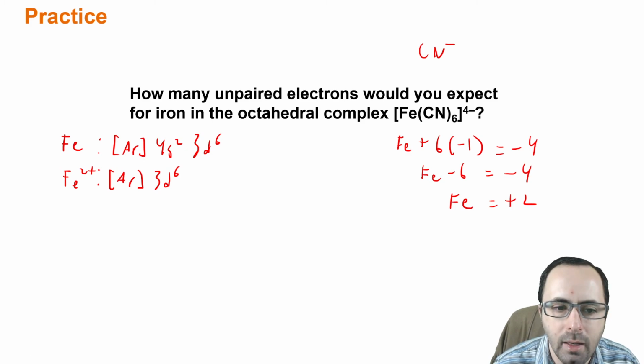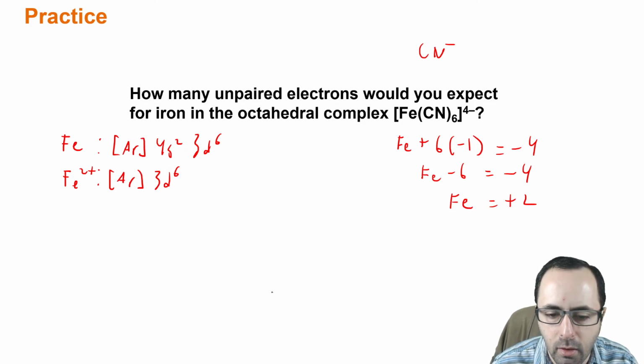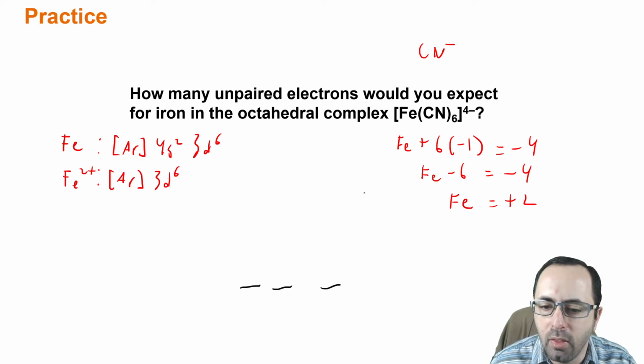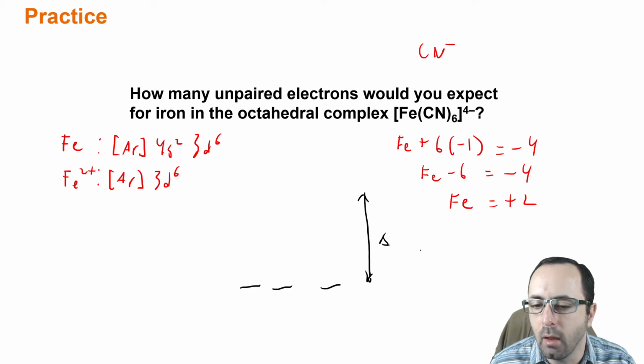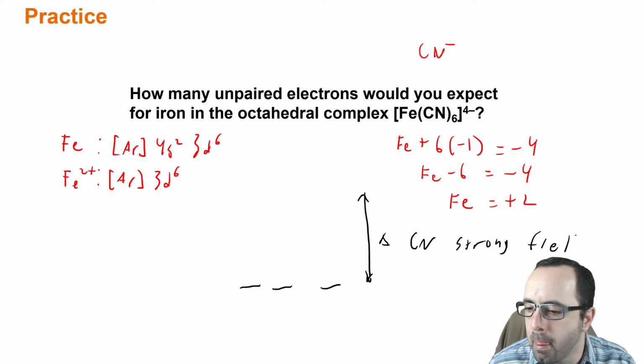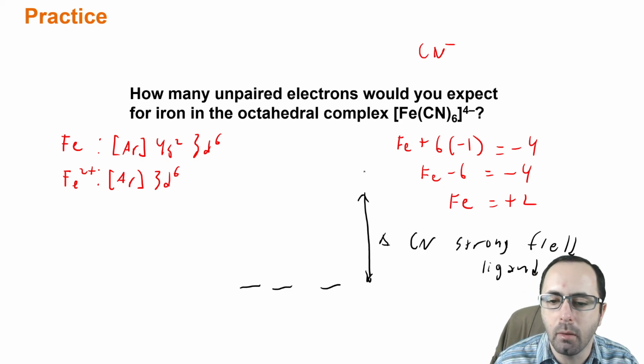Now this is octahedral, so the splitting is going to be like this, 3 lower energy orbitals, and this is going to be a big delta because CN is a strong field ligand. So that means this energy difference is going to be really, really big.